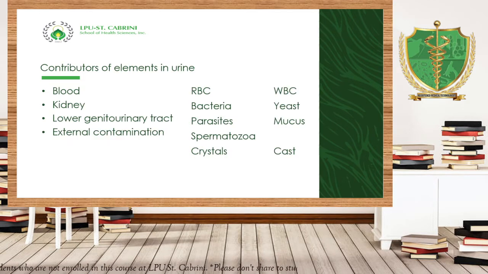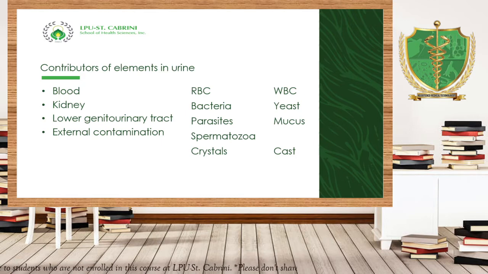Okay. So what are the contributors of these elements that can be found in the urine? We have the blood, the kidney, the lower genitourinary tract, as well as the external contaminations. So these four are the contributors or the factors of the elements that can be found in the urine.